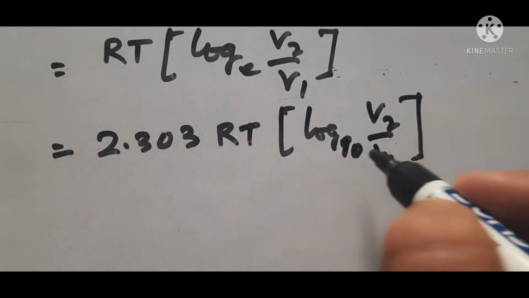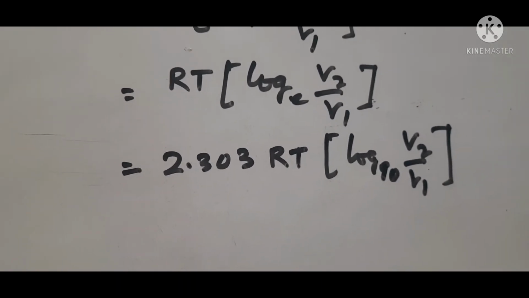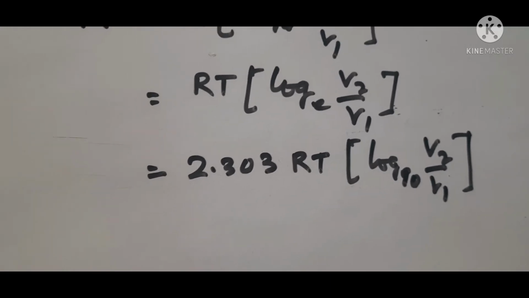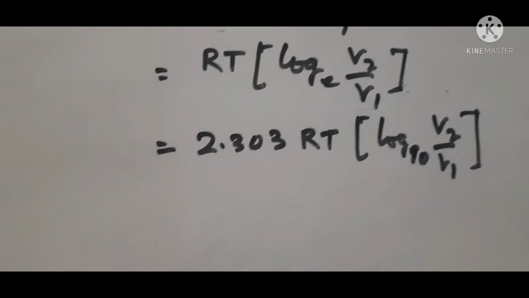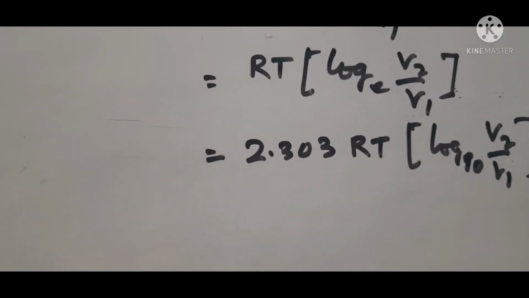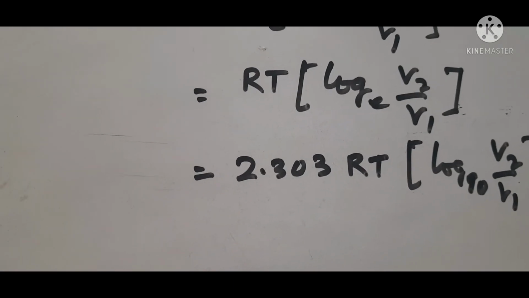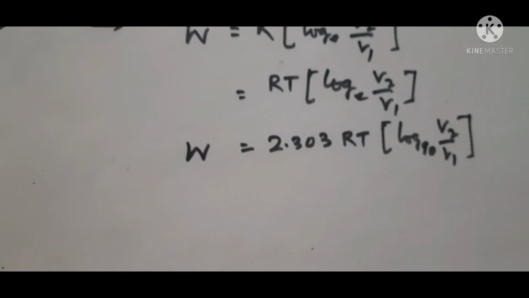I have converted log e into log 10. Log base e is going to change into log base 10 by just multiplying 2.303, because this is the value of log base 10 of e. So that is your work done in isothermal process.